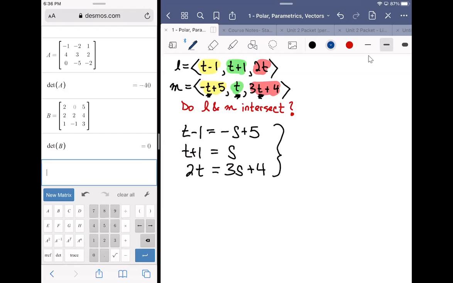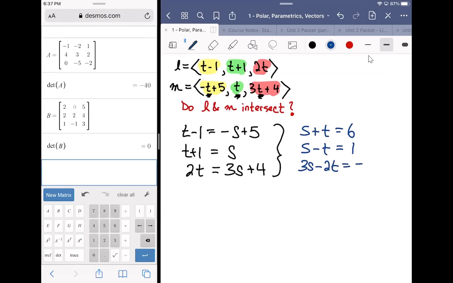So I'm going to add s to both sides, so I have s plus t. Then I add 1 to both sides, it's equal to 6. I subtract a t from both sides, s minus t is equal to 1. Very easy to do this with elimination. Then subtract a 2t from both sides, we get 3s minus 2t.